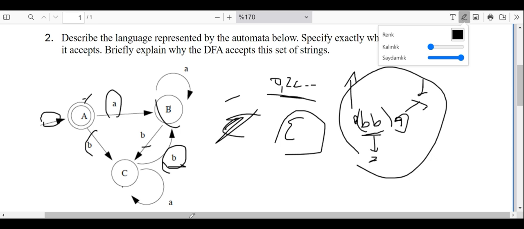Okay, explanation. A is the start and the accepting state, we said. So the empty string is accepted. A transitions to B. From B to C with B, and from C to B with B, both of them.